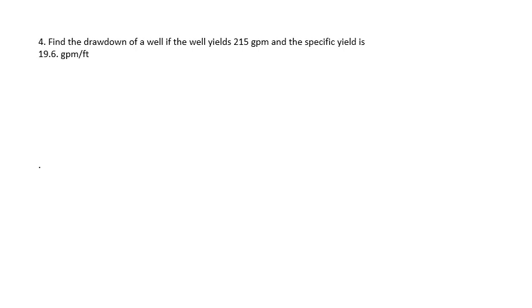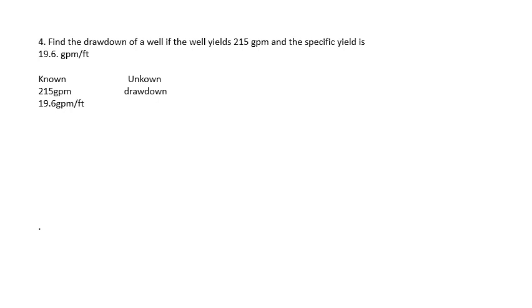Question number 4. Find the drawdown of a well if the well yields 215 gallons per minute and the specific yield is 19.6. So we're going to pull our knowns and our unknowns out of this problem. What we know is the well yields 215 gallons per minute and the specific yield is 19.6 gallons per minute per foot.